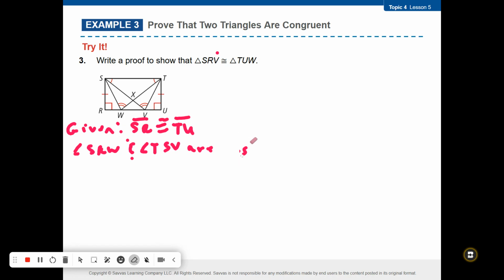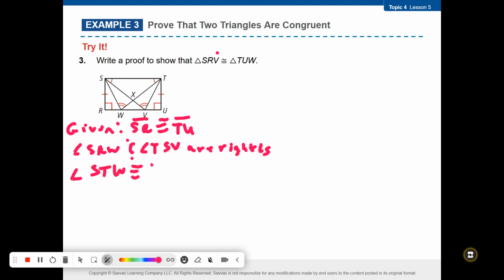I'll just write it out. Put this somewhere, maybe in the blue area would be best, but if you put it in the white, that's okay too. Then we have angle STW is congruent to angle TSV, and we're going to prove that triangle SRV is congruent to triangle TUW, okay?